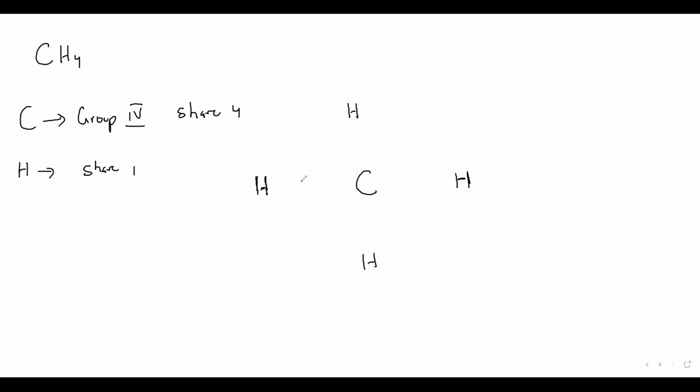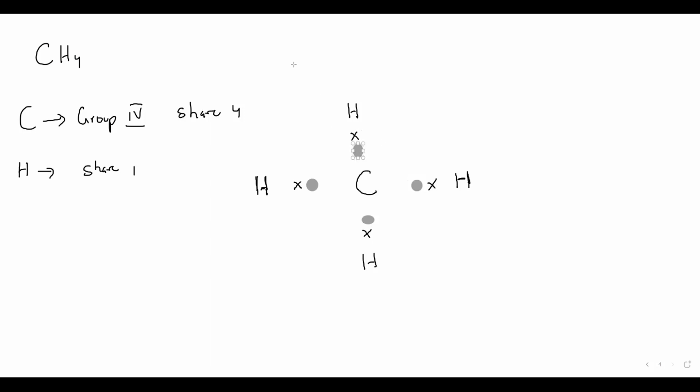If this hydrogen can share only 1, carbon can share only 1 from that side. Hydrogen shares 1, carbon can share 1 only from that side. Hydrogen shares 1, carbon will share 1 from that side. And another hydrogen shares 1, so carbon will share 1 from that side.